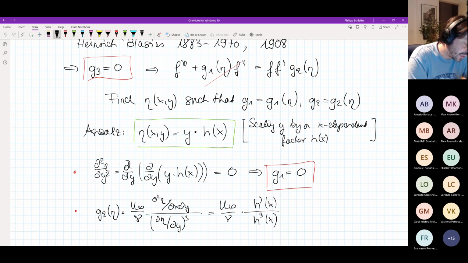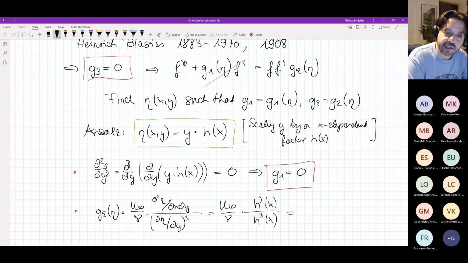And now, in order for this to become constant, or in order for this to be a self-similar solution, this needs to be a function of eta only. But now, of course, I see it's a function of x here. X should not be. So that means this here can only be a constant because all the etas have disappeared.